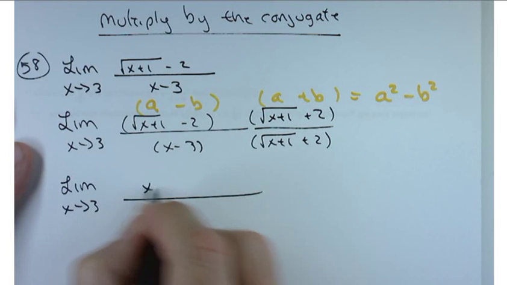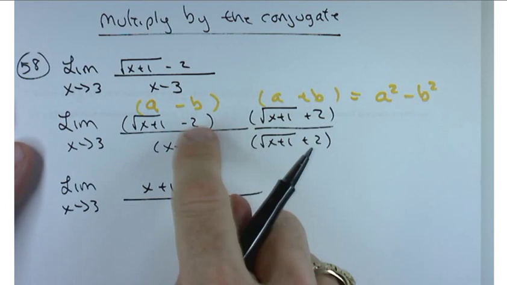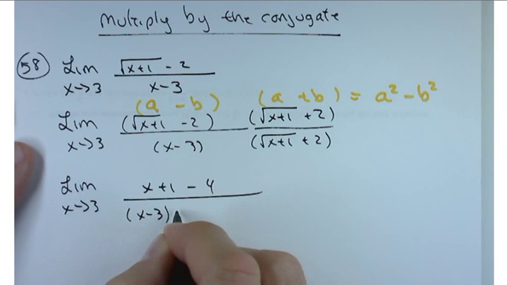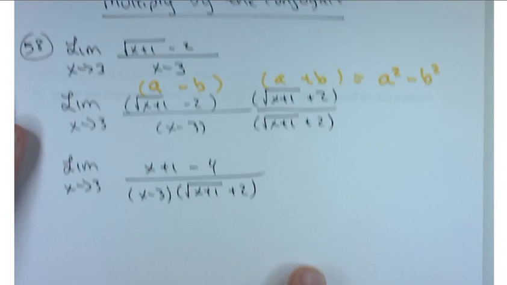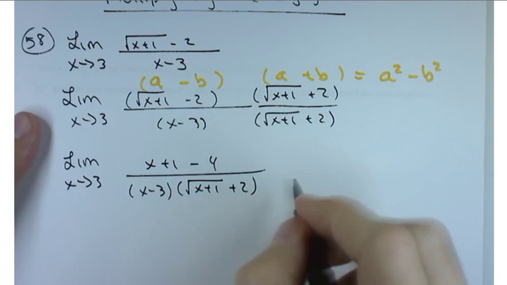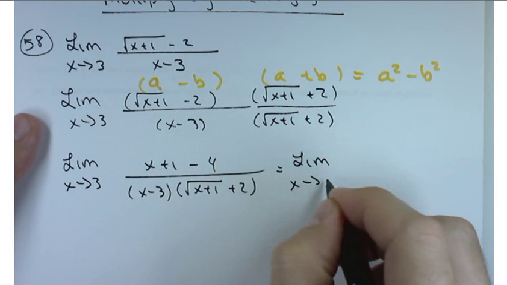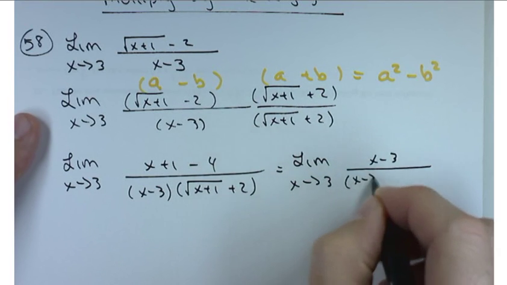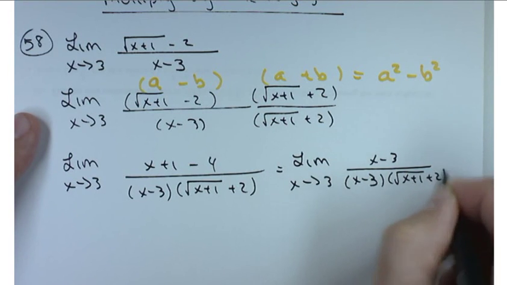So x plus 1 minus 2 squared, which is 4. In the denominator, I'm going to leave things just as they are. I'm not going to multiply this out. If you subtract, we're going to get the limit as x approaches 3 of x minus 3 over x minus 3 times the square root of x plus 1 plus 2.